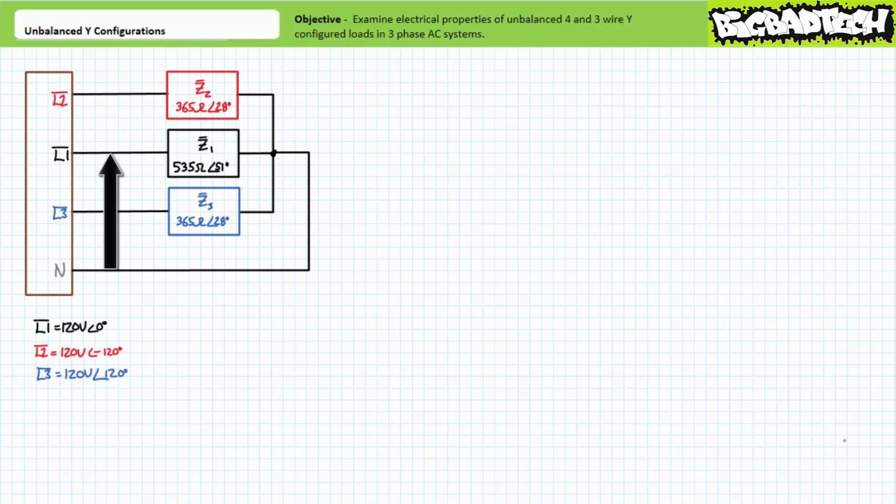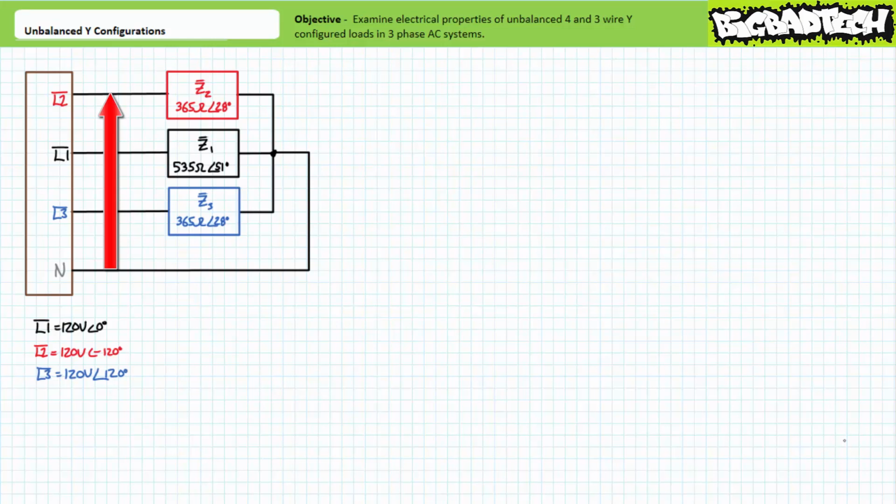Source L1 establishes a differential of 120 volts at an angle of 0 degrees between L1 and neutral. Load impedance Z1 goes from L1 to neutral. It makes sense then that the voltage across load impedance Z1 is 120 volts at an angle of 0 degrees. Similarly, source L2 establishes a differential of 120 volts at an angle of negative 120 degrees between L2 and neutral. Load impedance Z2 goes from L2 to neutral.